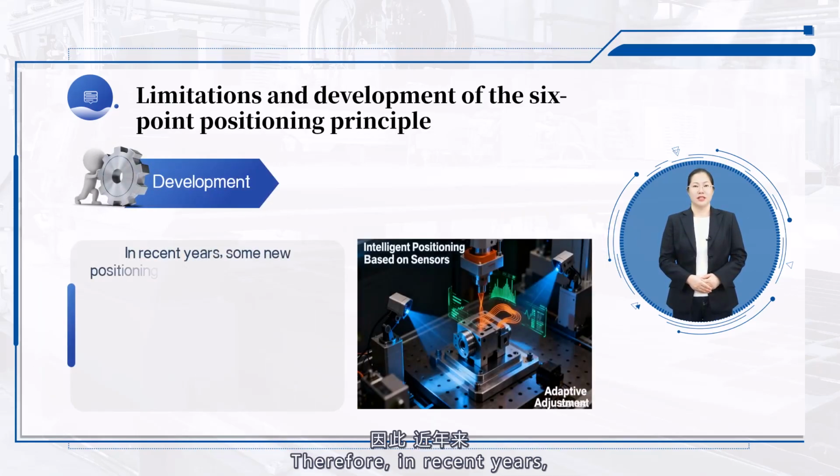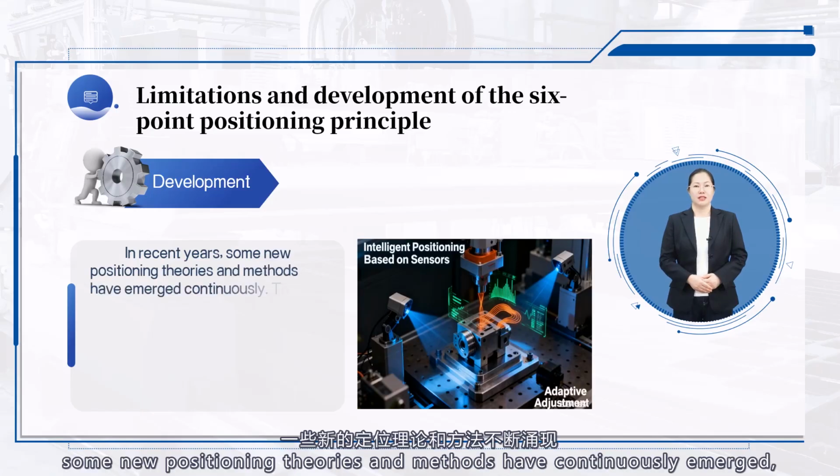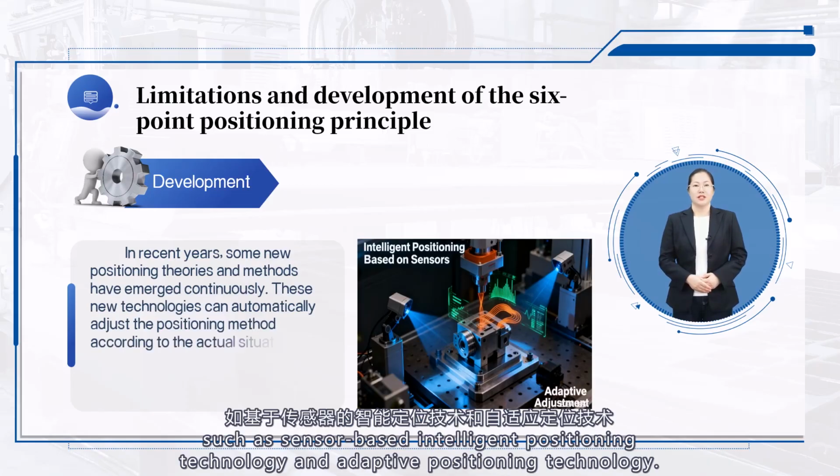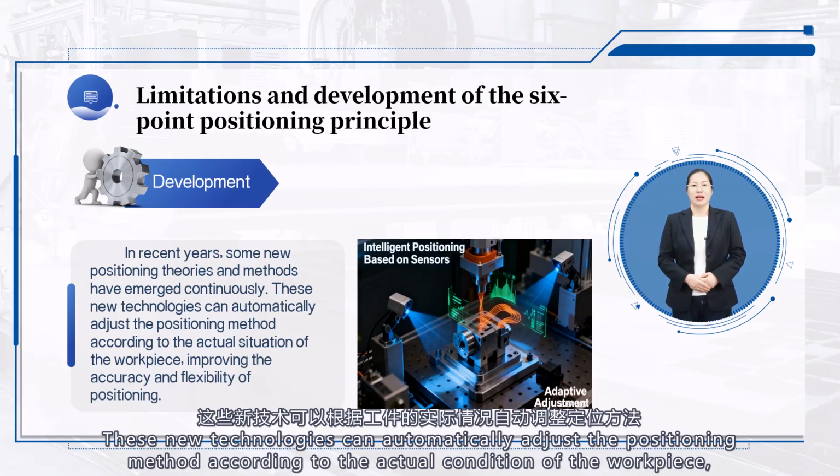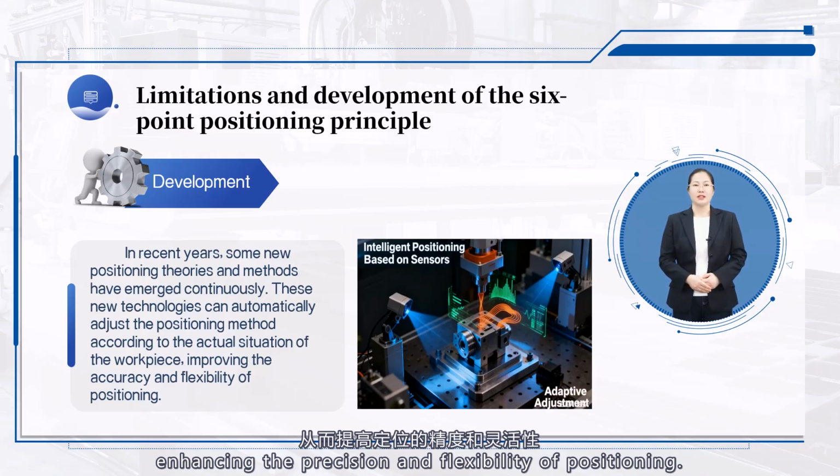Therefore, in recent years, some new positioning theories and methods have emerged, such as sensor-based intelligent positioning technology and adaptive positioning technology. These new technologies can automatically adjust the positioning method according to the actual condition of the workpiece, enhancing the precision and flexibility of positioning.